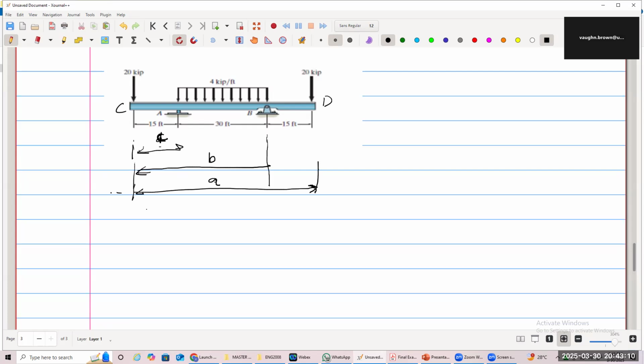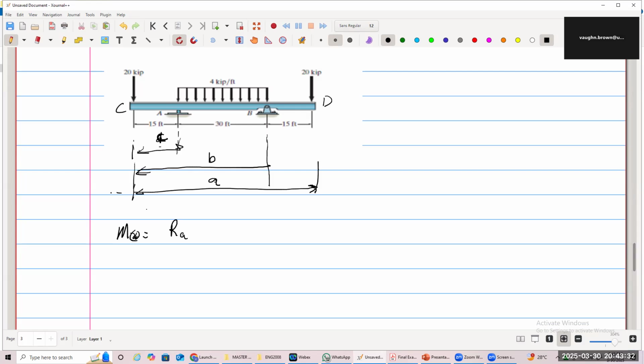So that formula would be modified to look something almost like this. So you would put RAX, right? Meaning your first point load. But your first point load will be really here, right?